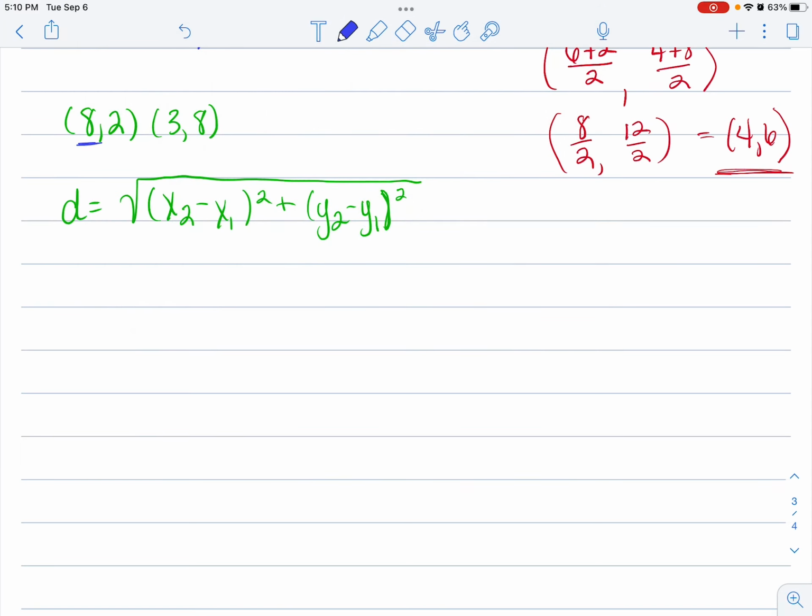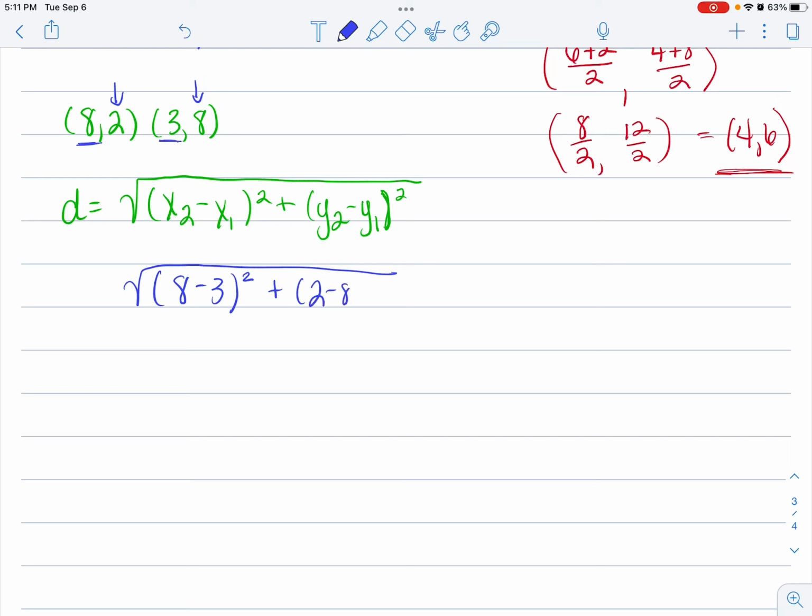All right, my x values are this 8 and this 3. And we talked about in class how you just need to be mindful that you're keeping your x's together and y's together, because even though subtraction is not commutative, we're about to square a number, which is going to make it positive regardless. So just be mindful of that. My y values are 2 and this 8.